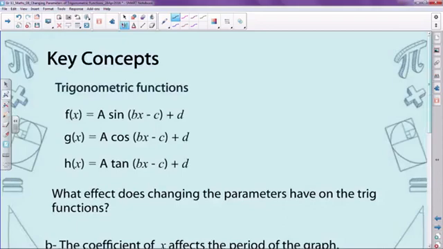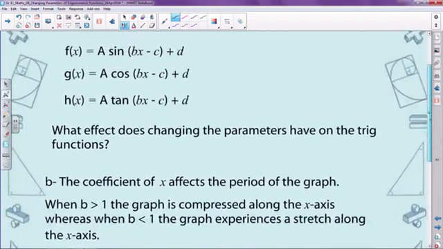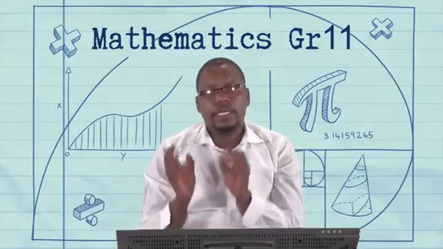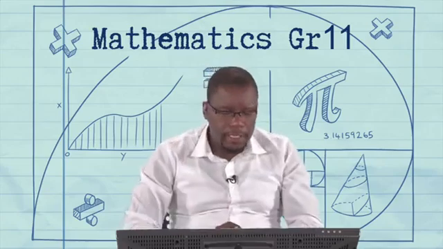Now, your B, the small b, the coefficient of x, affects the period of the graph. Now we're going to be looking more deeply at the period, because most of the problems that we did in grade 10 only involved your 1x, like y equals sine 1x, whereby your period is just 360 there.